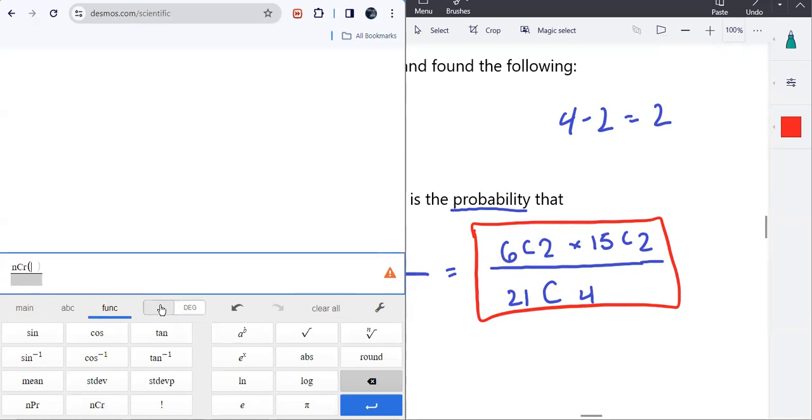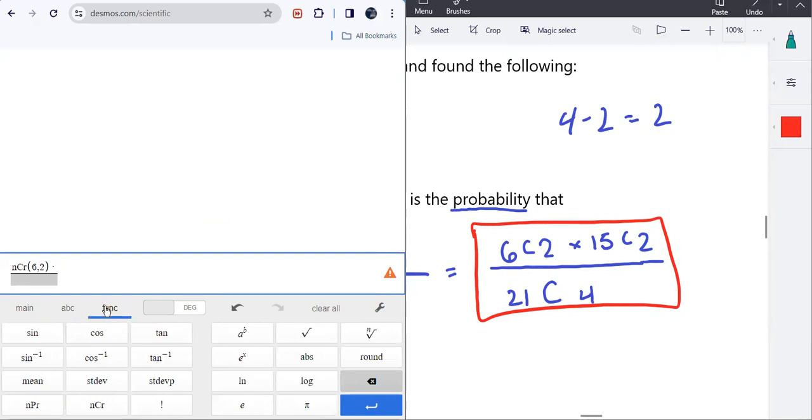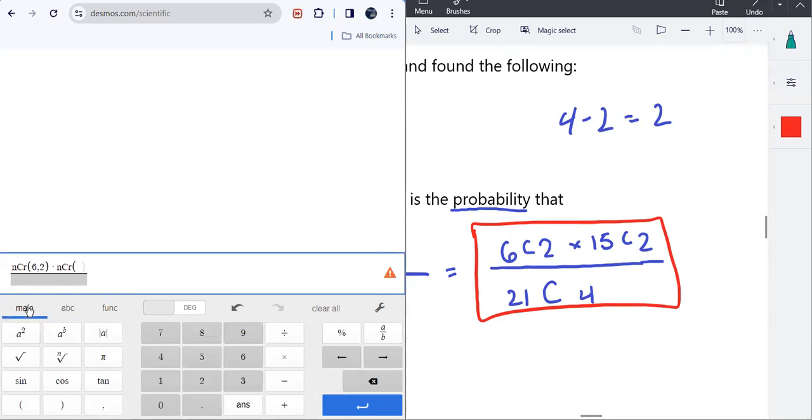When doing combinations, you always want to put the bigger number first, whether you're doing it by hand, writing it out, or putting it into a calculator. We're going to do 6 first, and then a comma, and then a 2, and close parentheses. And I'm going to multiply that, go to another one, back to main, 15, comma 2.